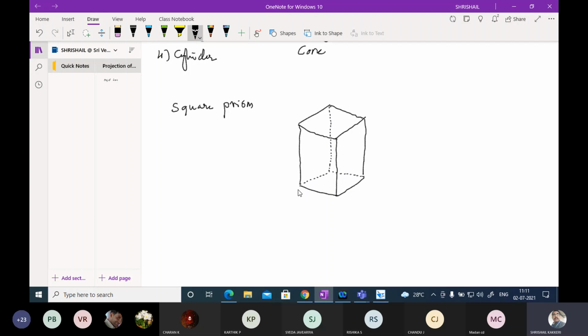Now let me name it as A, B, C, D. And similarly, the top one I am going to name as A, B, C, D. But ABCD will get confused, so always for the base, we write it as A1, B1, C1 and D1.